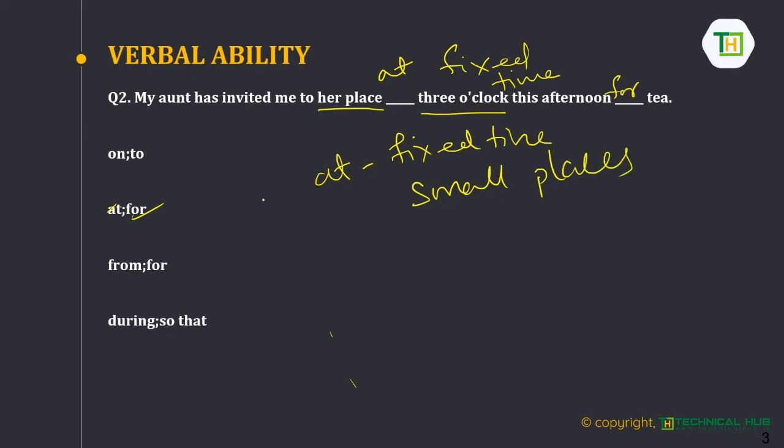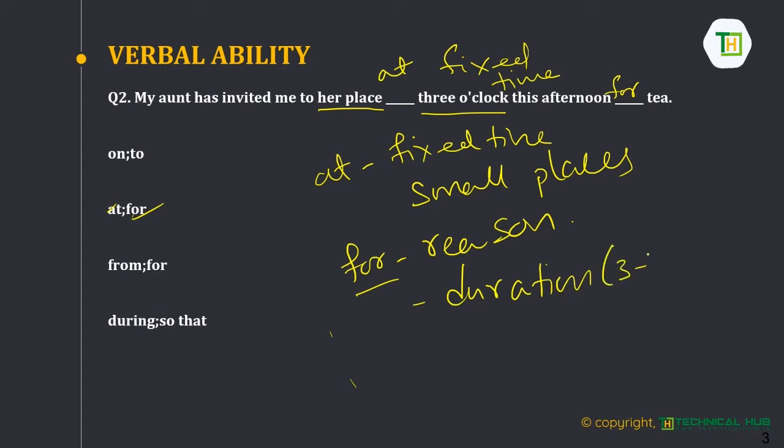And for is used for a reason. Most of the time we use it like, I am waiting for you. For whom are you waiting? You are waiting for someone. So that's why we use for. And also sometimes we use for a duration. I have been studying for 3 hours. So hope you understood.